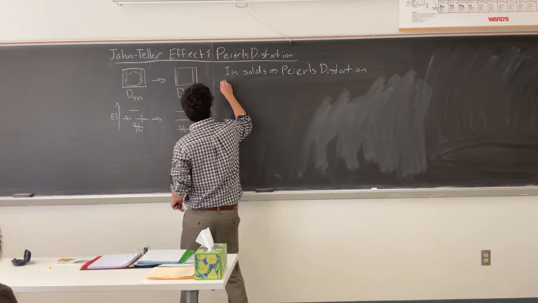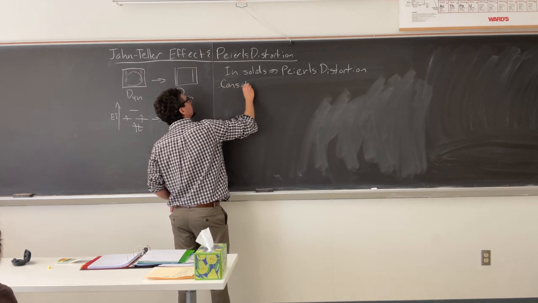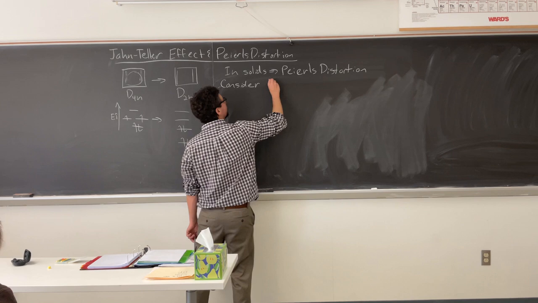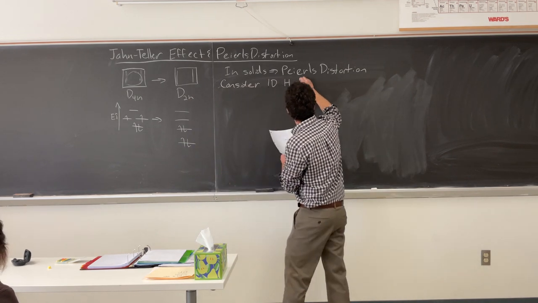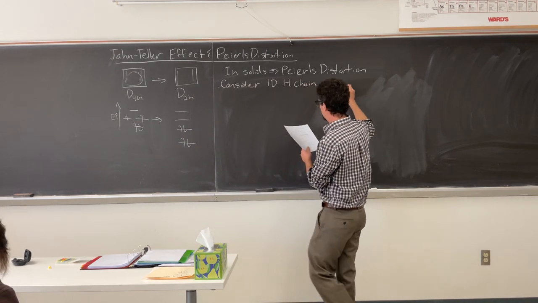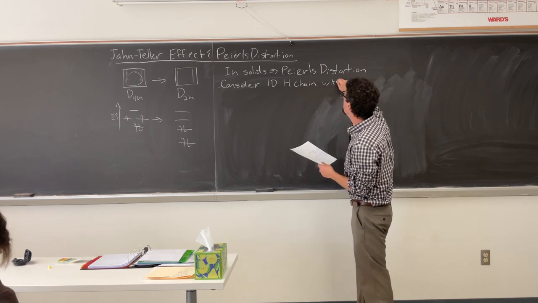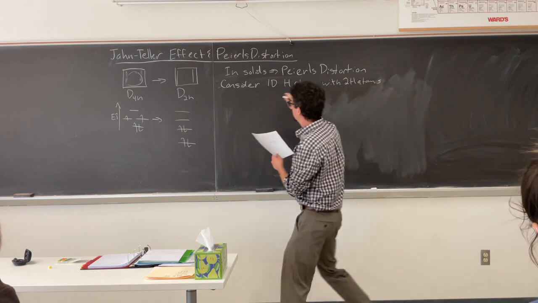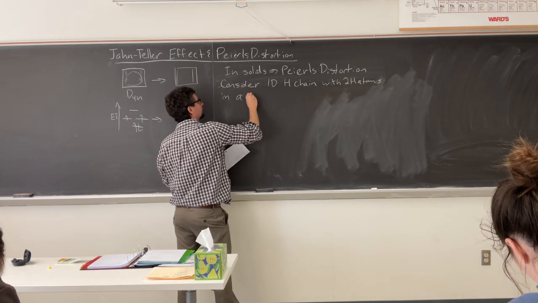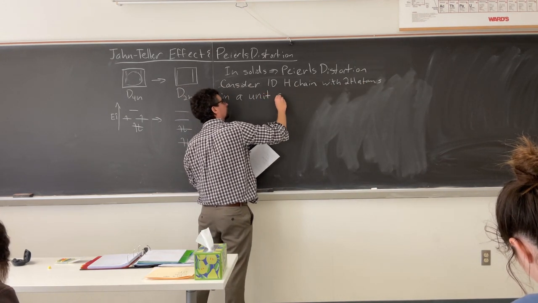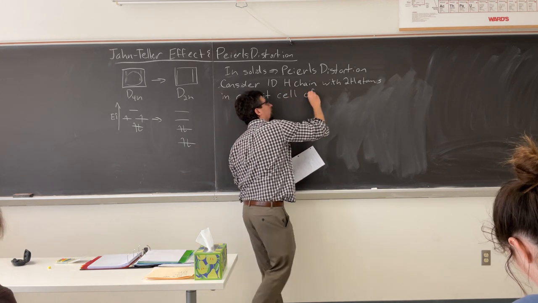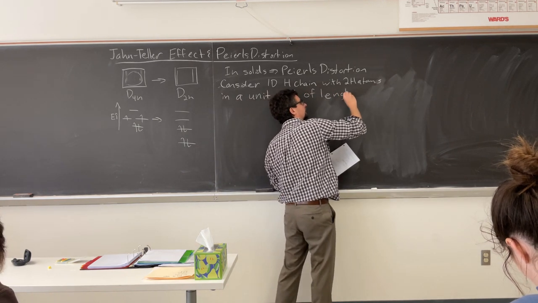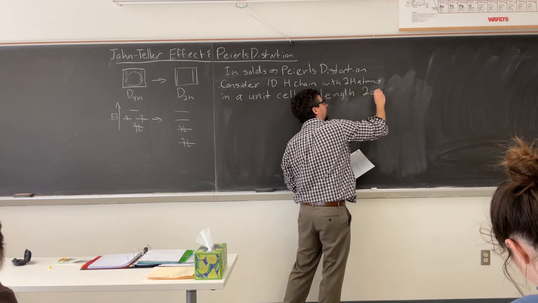So we're going to consider, again, our friend, the 1D H chain, with a bit of a twist, with 2 H atoms in a unit cell of length 2a.